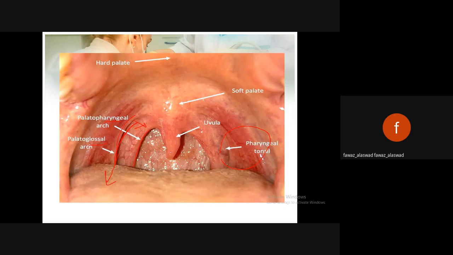Sometimes it's going to be pink in color, and sometimes patients have enlargement of the tonsils or large crypts in their tonsils. As a result, those types of patients may complain of dysphagia, and during swallowing the food is going to accumulate, and as a result, bacteria is going to initiate an infection. The patient attending to us may complain of halitosis.